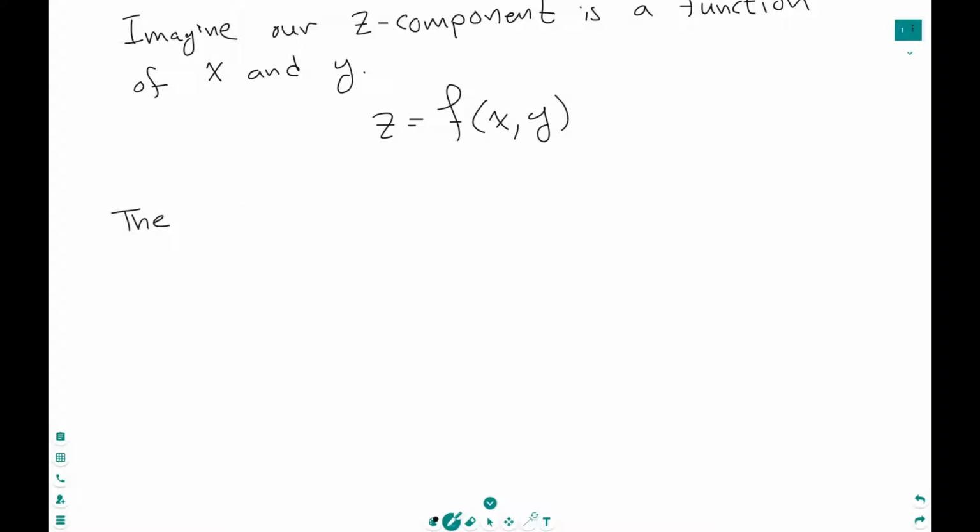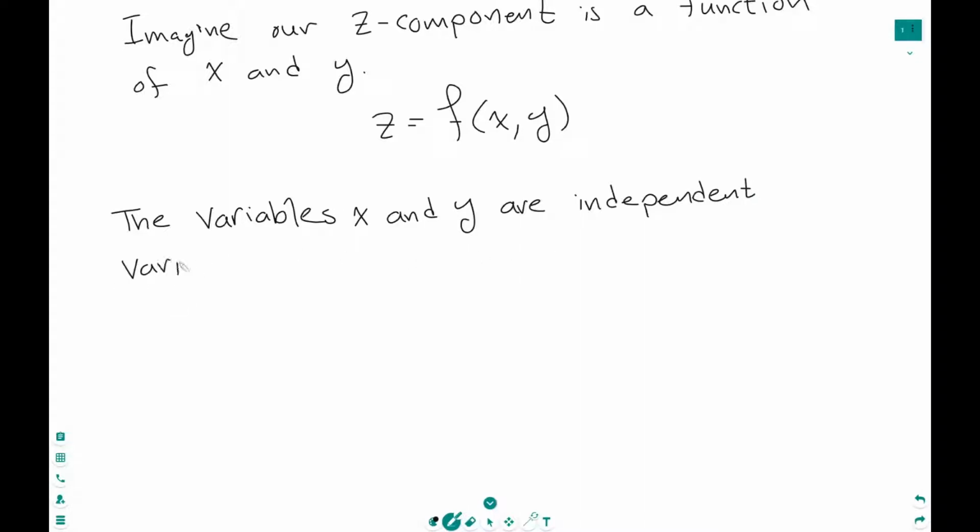The variables x and y are independent variables.